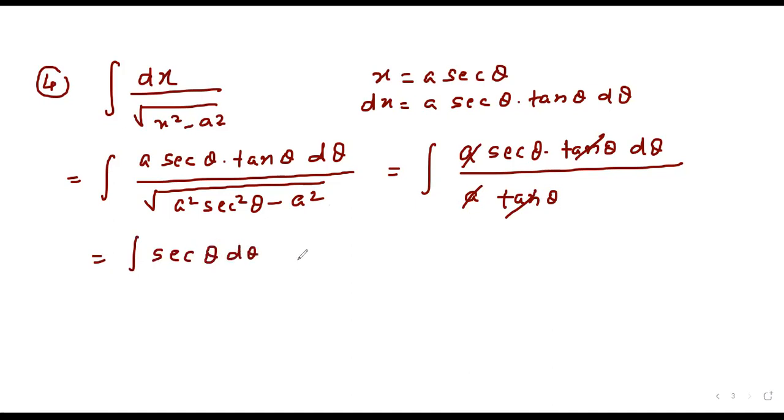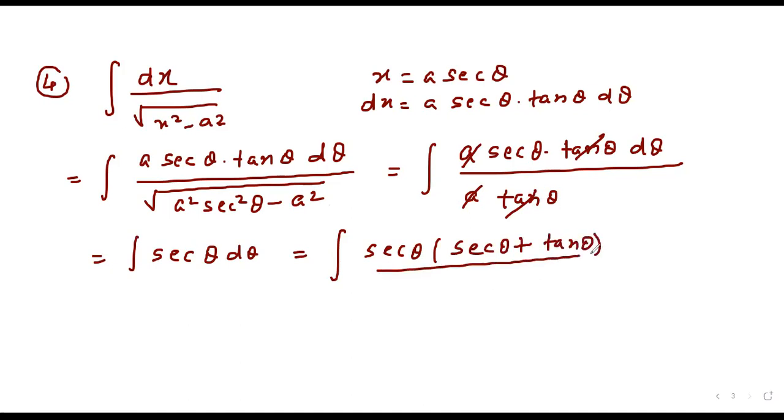So in order to integrate it, we have to multiply and divide by sec theta plus tan theta. So sec theta times sec theta plus tan theta divided by sec theta plus tan theta, and d theta.